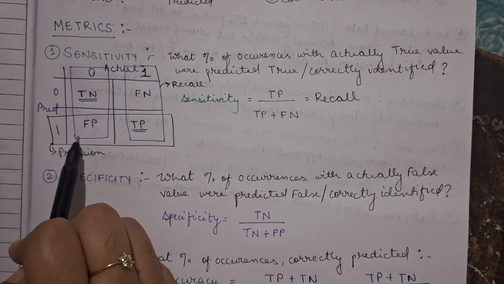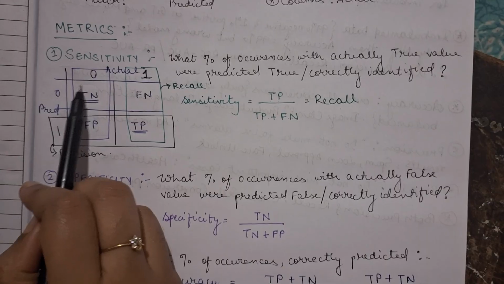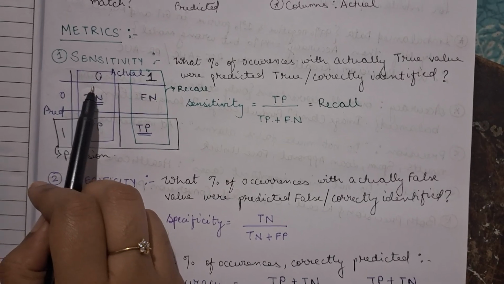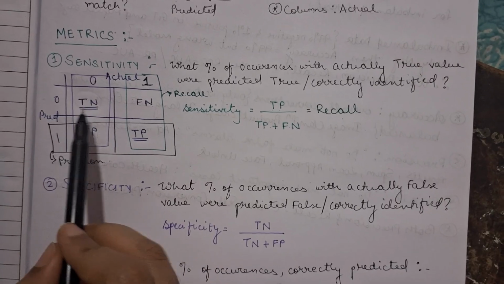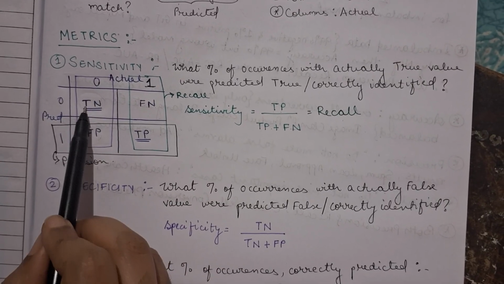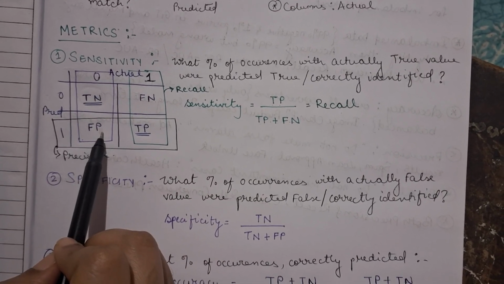Amongst them, how many had the model actually predicted will not stay. So it is true negative. So specificity becomes true negative divided by true negative plus false positives.